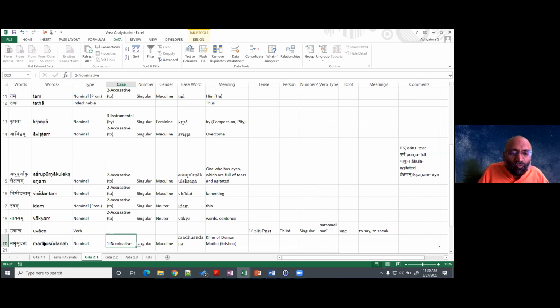That means Madhusudana said, the Lord Krishna said. So this is clear: Sanjaya is saying that Lord Krishna spoke. What did he speak? Then you have to look at the second case. So look at all the second case words here. There are six words in total.